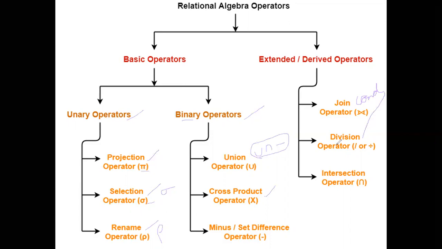Intersection is also under the derived operators. Union and minus are binary set operators, whereas intersection is a derived operator. Join, division, and intersection are derived operators.